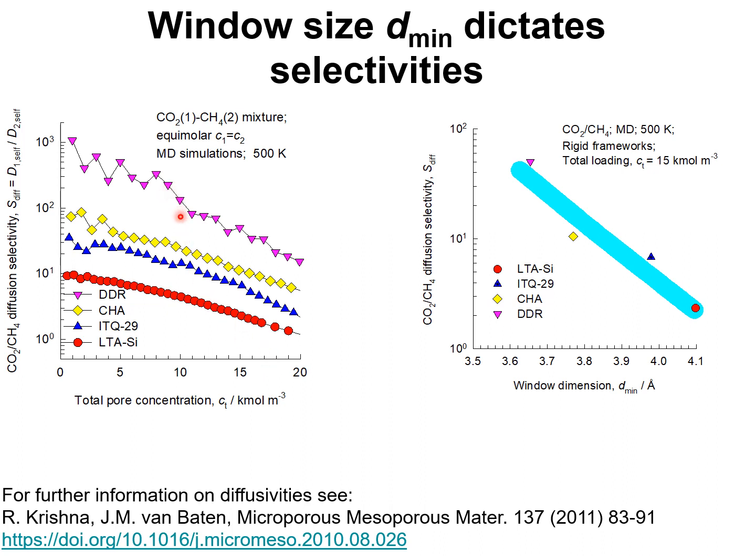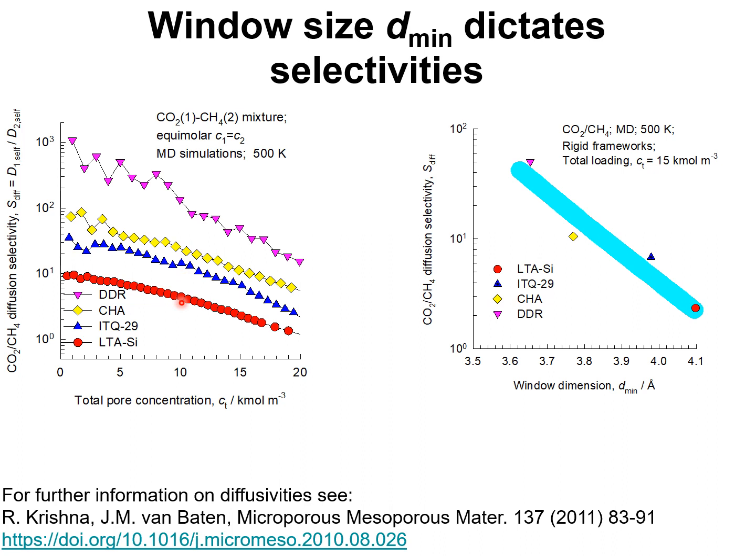The hierarchy of diffusion selectivities is dictated by the window apertures. DDR has the highest value for CO2 CH4 selectivities because it has the smallest aperture size of 3.65 angstrom.